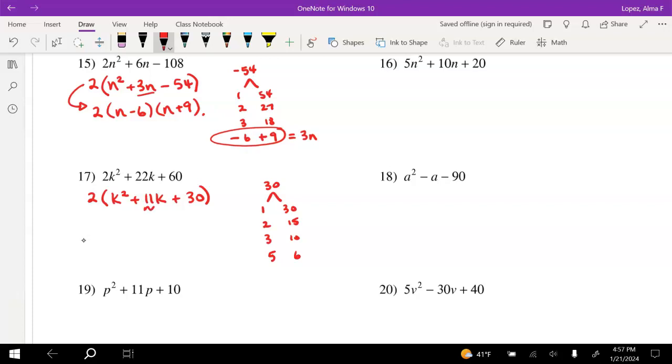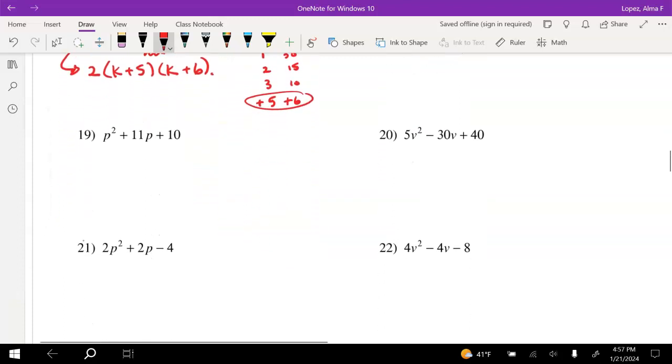I need the middle term of 11k to happen from these factors that we just created. The only way that I can get a positive 11k is to add a positive 5 and a positive 6 together. And those two numbers still multiply out to be a positive 30. So you're going to build your two parentheses: factors k, plus 5, and plus 6. And you're going to bring the 2 down.